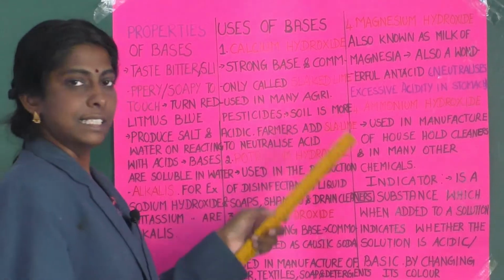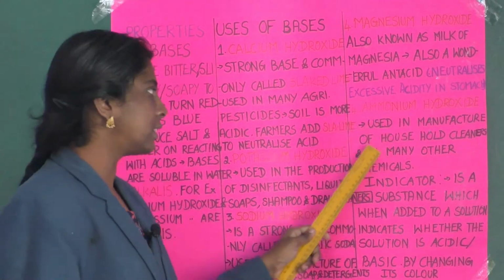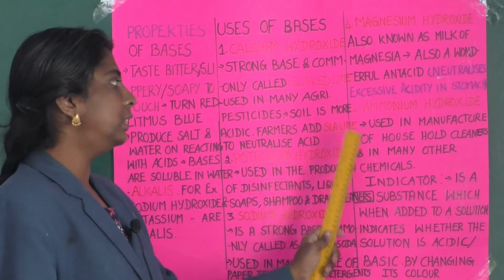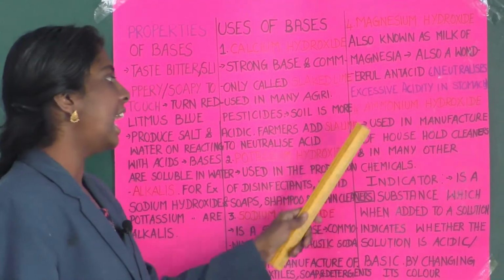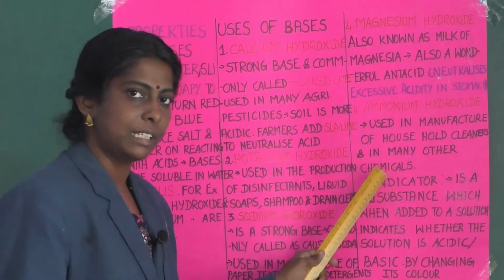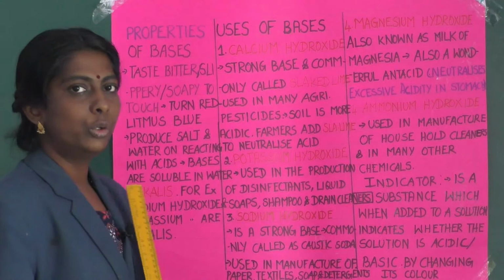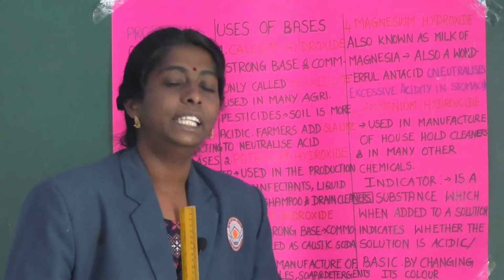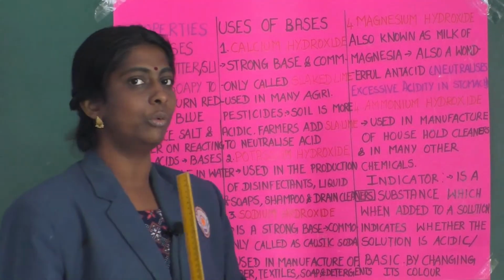The fifth base is ammonium hydroxide. Ammonium hydroxide is used in the manufacture of household cleaners and many other chemicals. Clear? So this is about the uses of bases. Now the next topic is about indicators. Let us have a look at the definition alone.